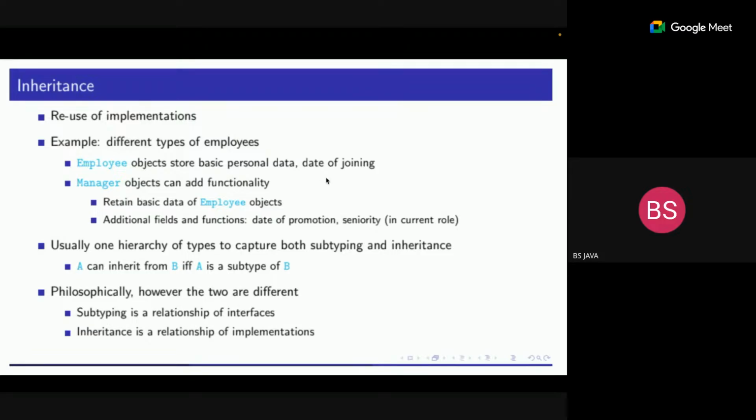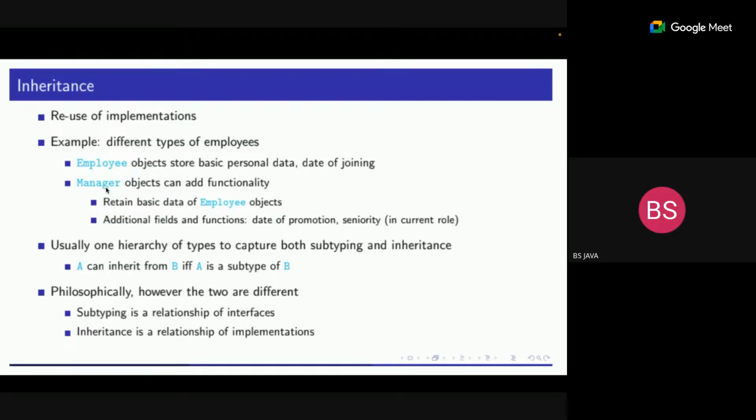We can create employee objects and store these values for each employee. And in the same company, there will be managers. For manager objects, we need some more functionality. We need extra fields because we want to see the seniority in the current role and date of promotion. This data also has to be stored for manager objects.